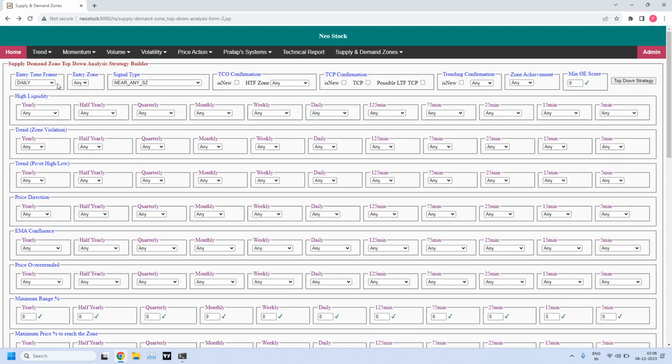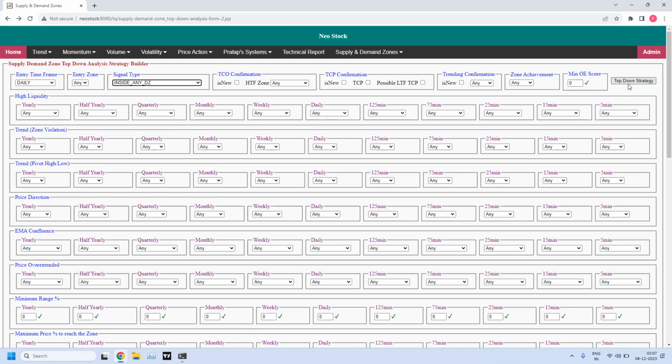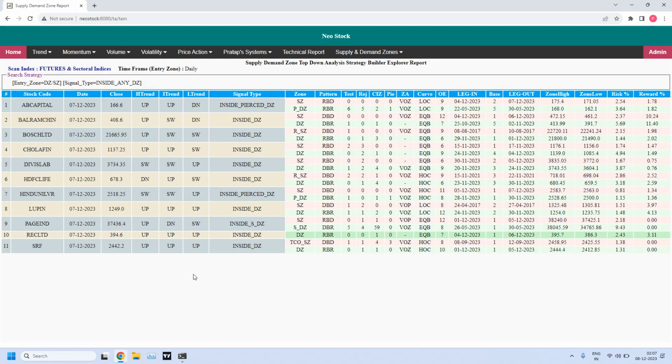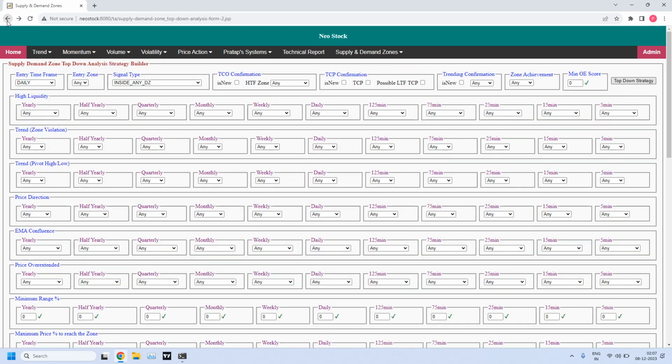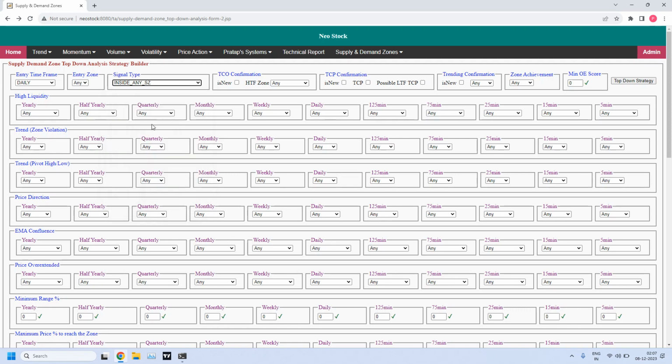Let's go back. Entry time frame is daily. Let us filter the stocks where price closed inside daily demand zone. And this is the filtered list. These 11 stocks are closed inside the daily demand zone. So let's go back. Entry time frame is daily. Let us find the stocks which are near to the daily supply zone.